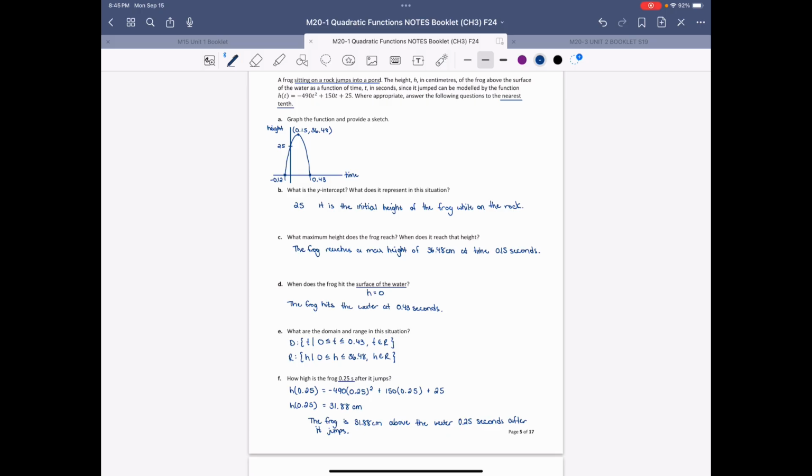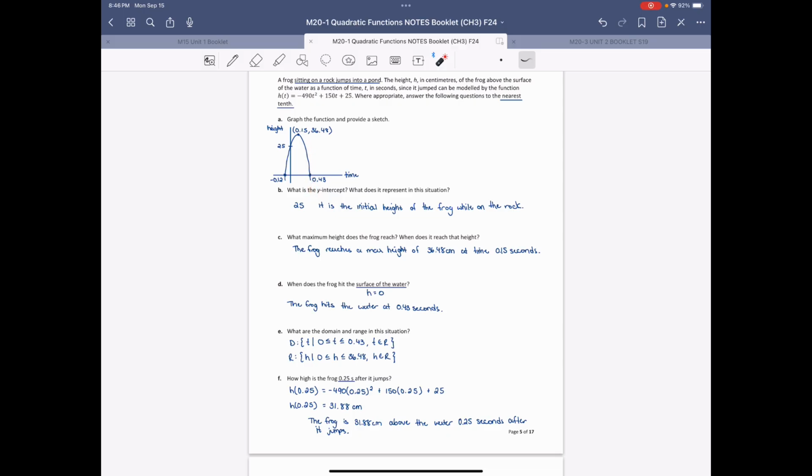when if you think about the question, the frog is jumping to the surface of the water, and technically the frog could go below the water, but air and water are different. So the frog traveling through the air is represented by this formula. But when the frog hits the water, if it was just to stop moving and sink into the water, that graph wouldn't be on the same trajectory as this, right?